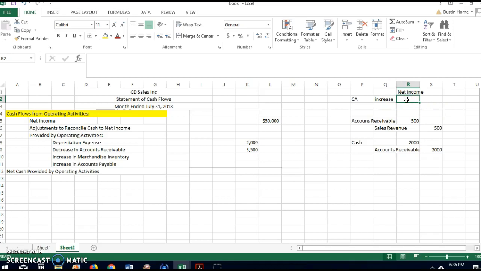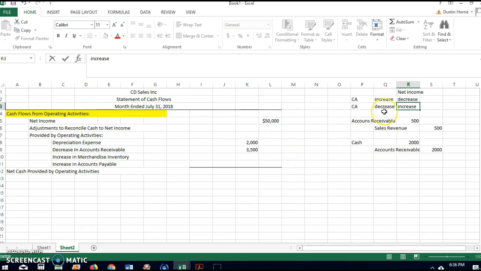then the adjustment will be a decrease to net income. If there's a decrease in the current asset, if the account decreases overall, it is an increase to net income. So right here we had a decrease, and I explained why.